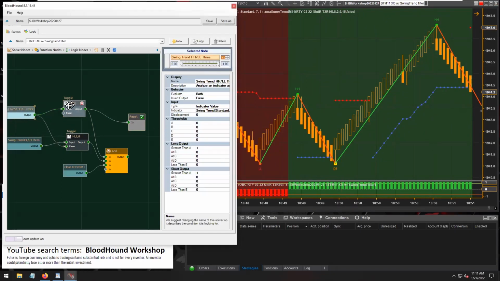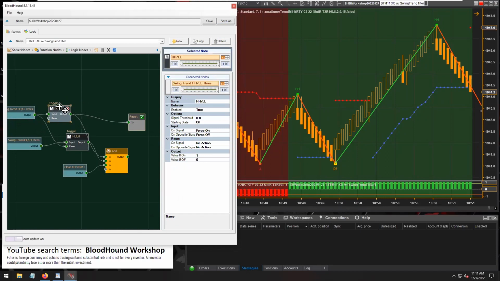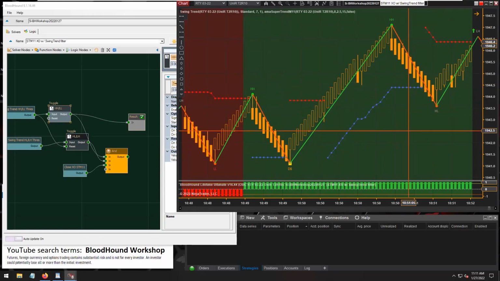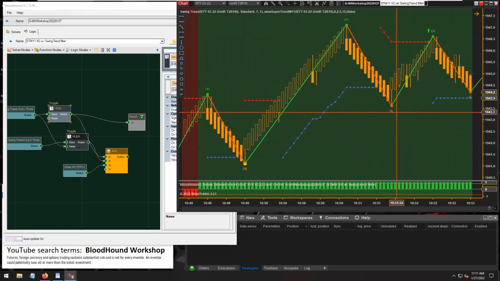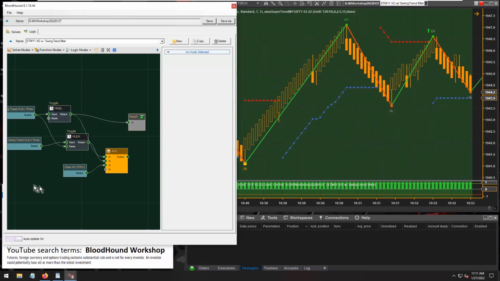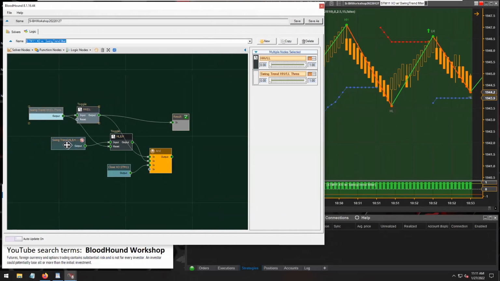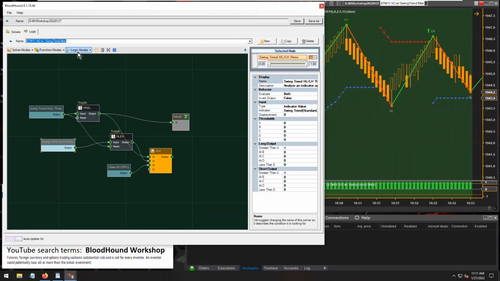So remember, previously I was wondering how I can require the higher high and lower low swing points to occur first, and then look for the higher low or the lower high second. So what I'm going to do, stretch this out here, pull this back, and take an AND node.